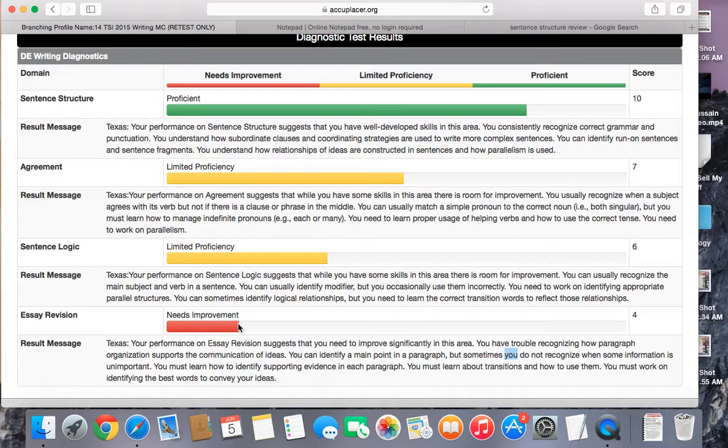Your performance on essay revision suggests that you need to improve significantly in this area. You have trouble recognizing how paragraphs support you. You need to identify supporting evidence in each paragraph.